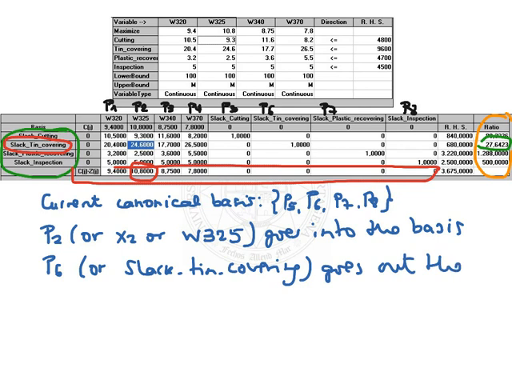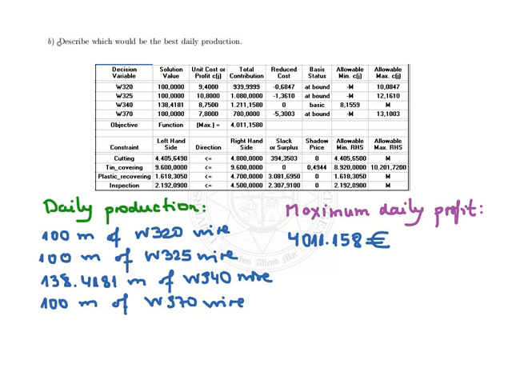Question B asks to describe which would be the best daily production. So we solve the problem with WinQSB and we find that we must produce 100 meters of W320 wire, 100 meters of W325 wire, 138.4181 meters of W340 wire, and finally 100 meters of W370 wire.